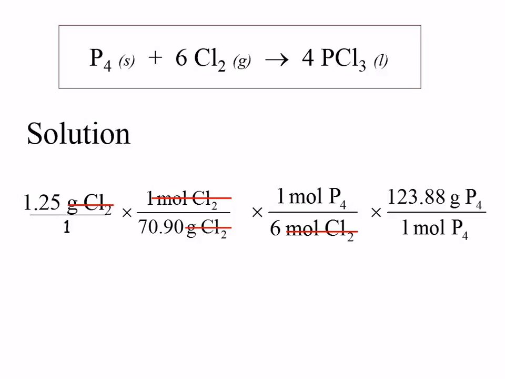Units of moles of P4 cancel out. And we have grams of P4, which is wonderful. And then how do we need to round this? I'm liking 3 sig figs. So 0.364 grams P4.